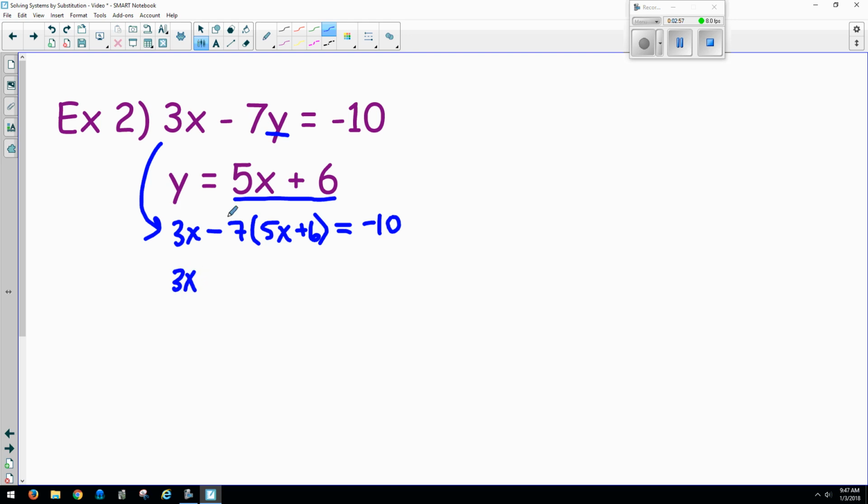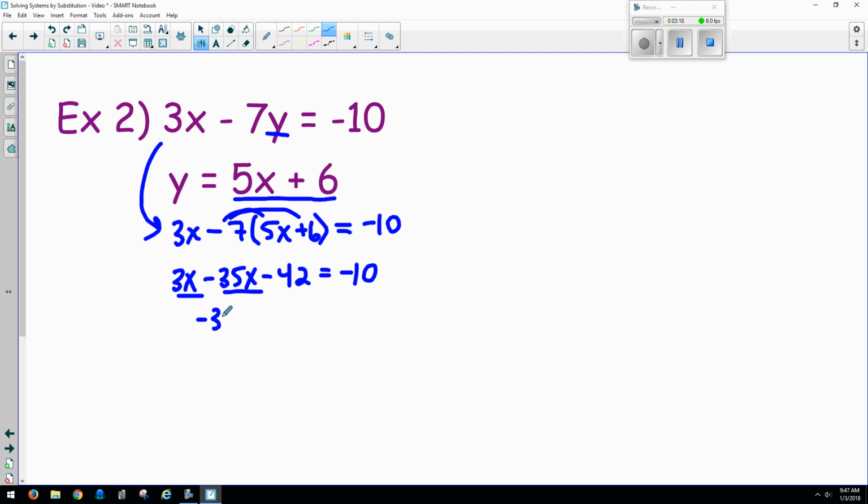So I have 3x. I'm going to distribute the negative 7. Don't forget to bring the negative along when you're distributing. So I get negative 35x minus 42 equals negative 10. I'm going to go ahead and combine like terms here.